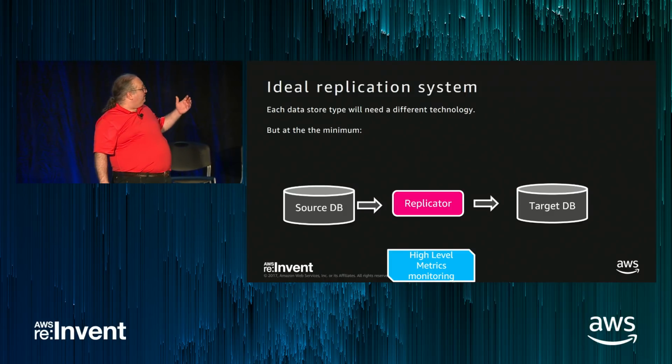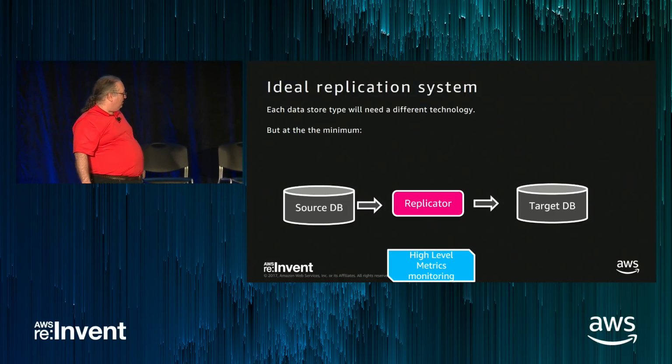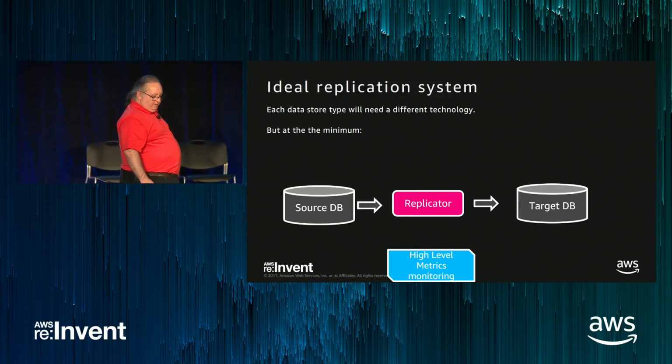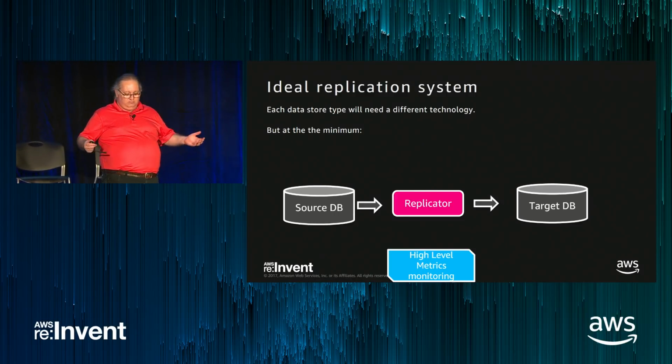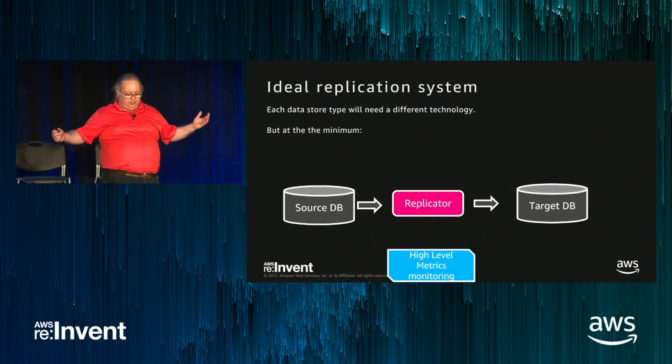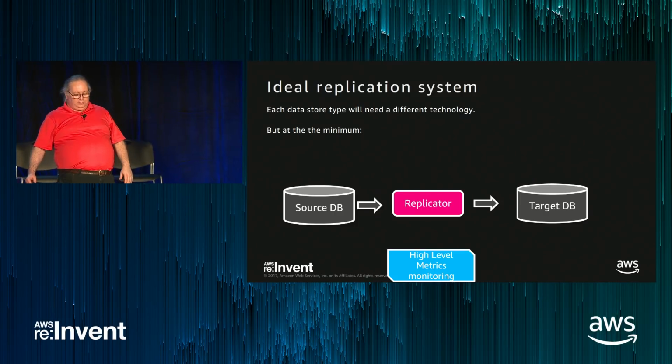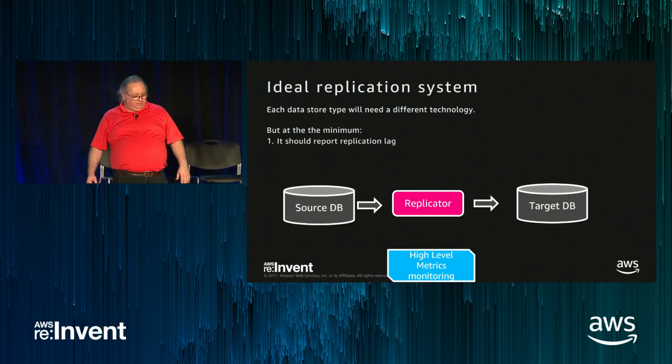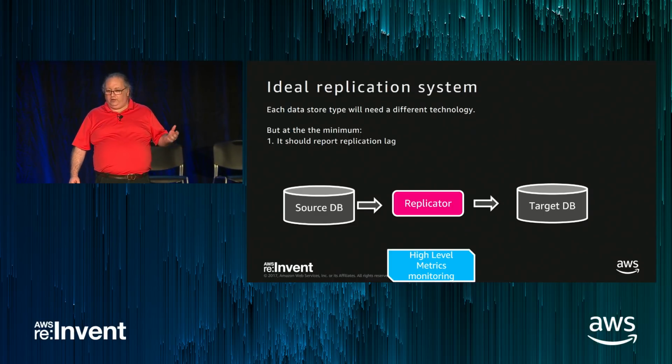So that takes us to our ideal replication system. The basic minimum here is I have a source of data. Here we say database. It doesn't have to be a database, right? It could be a data set. But I've got a source chunk of data that's going to go into some sort of replicator into its target. It should report the replication lag, so I have one way to know how far the target is behind the source.